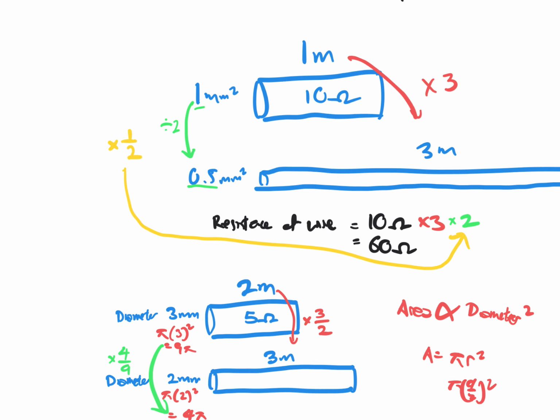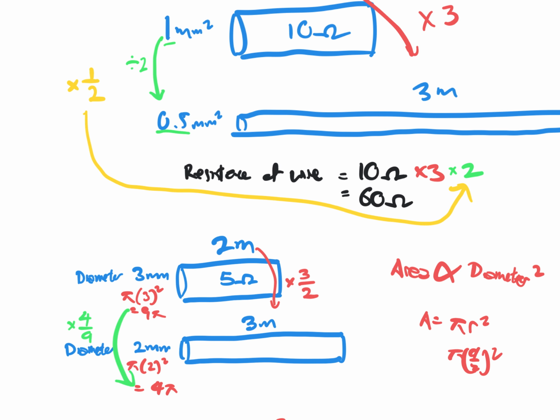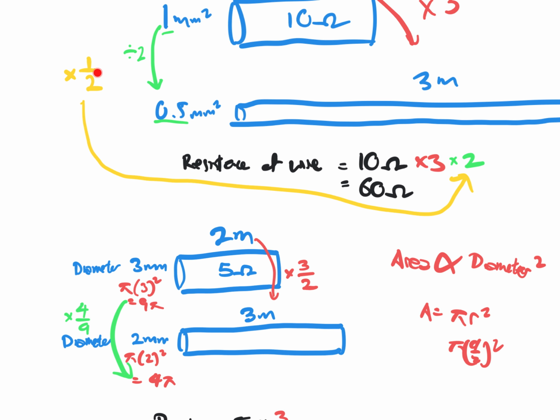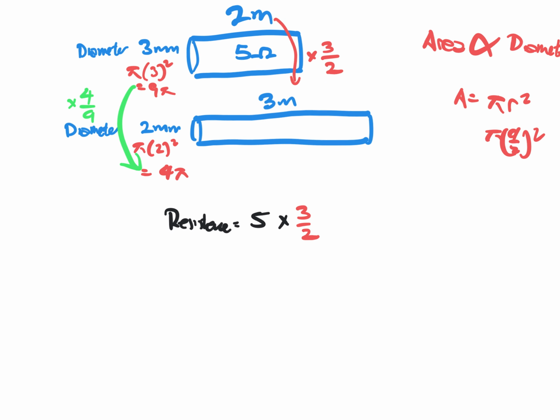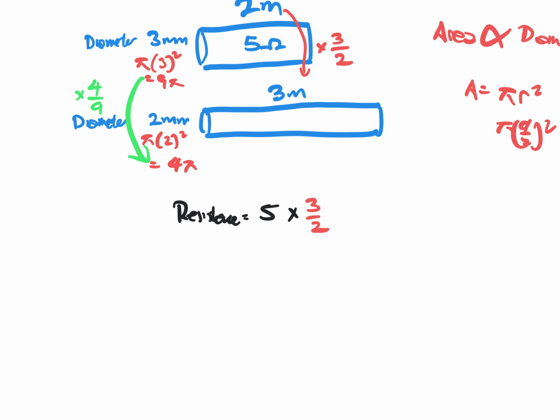Instead of half, it becomes 2. Likewise, instead of 4 over 9, it's the opposite, the reciprocal, so times 9 over 4.